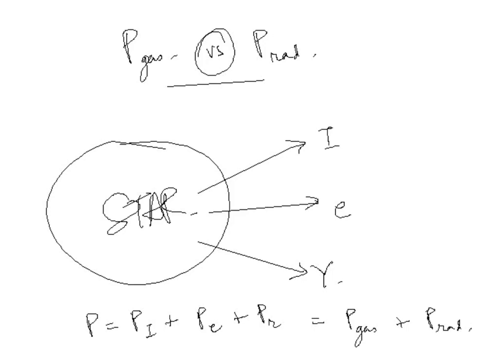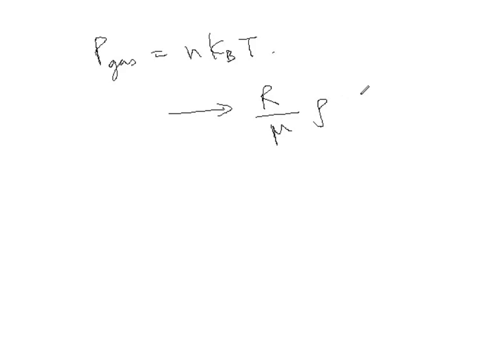Right. Okay. Now this gas pressure is basically given by n k_B T. This we have also discussed previously, whereas we have also written it in a different form using the mean molecular weight, and so we also wrote this in this form.